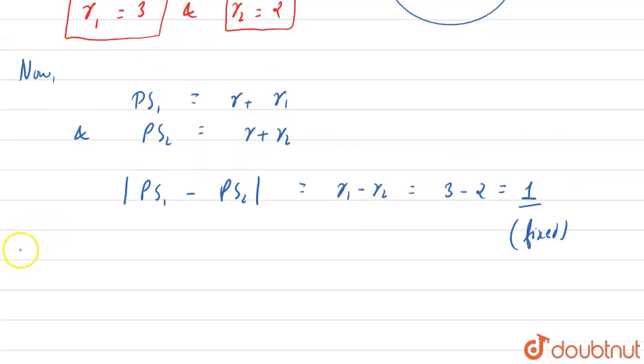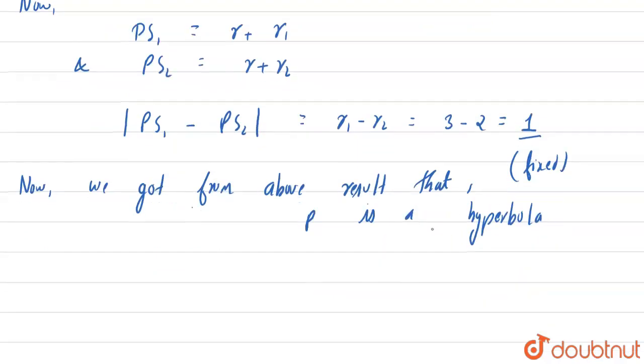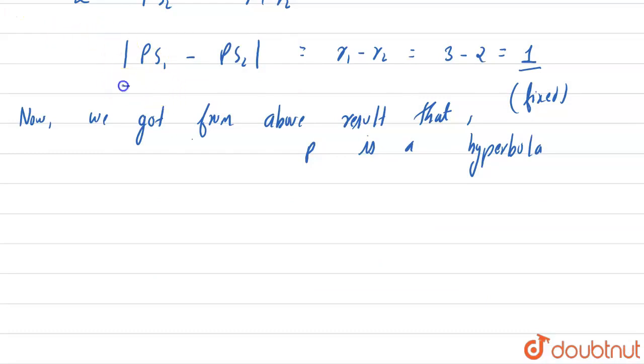So we write, from our result, that P will make a hyperbola. If P is on a hyperbola, then PS1 minus PS2 will be equal to 2a.